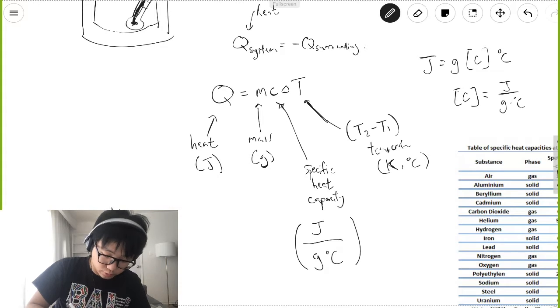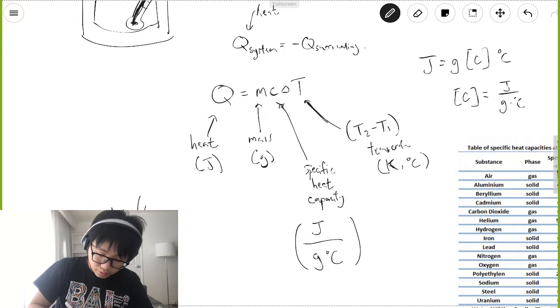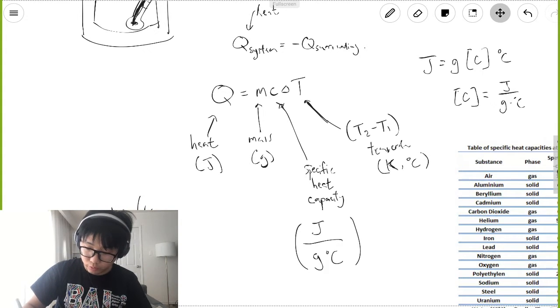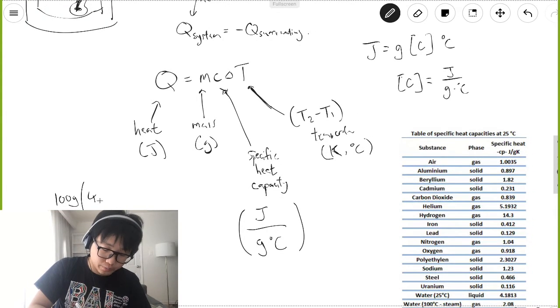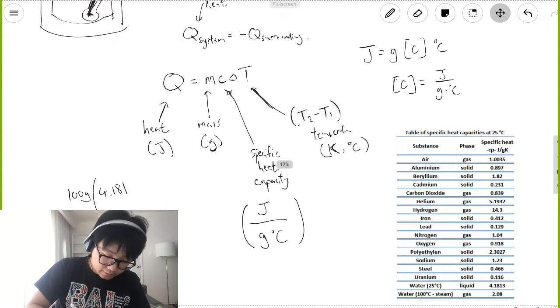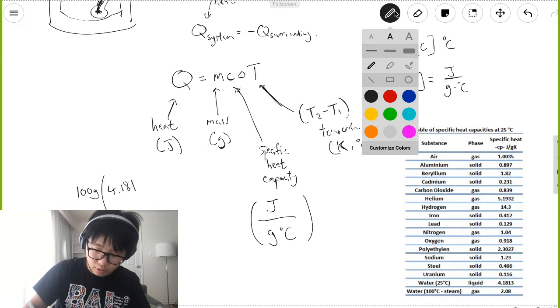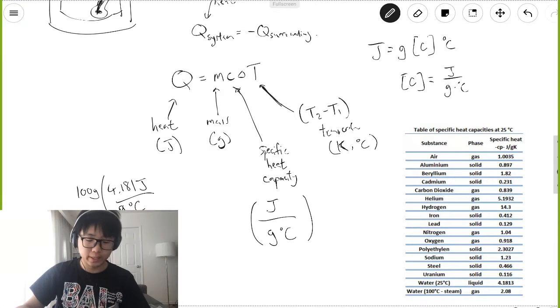So we can throw that in there to calculate. We have 100 grams of water. We know this value from the chart, and we can always consult our textbooks for these values if you don't remember. But you should actually remember this number, 4.181, because that is the specific heat capacity of water, in joules, so how much energy it takes to raise 1 gram of that substance by 1 degree.